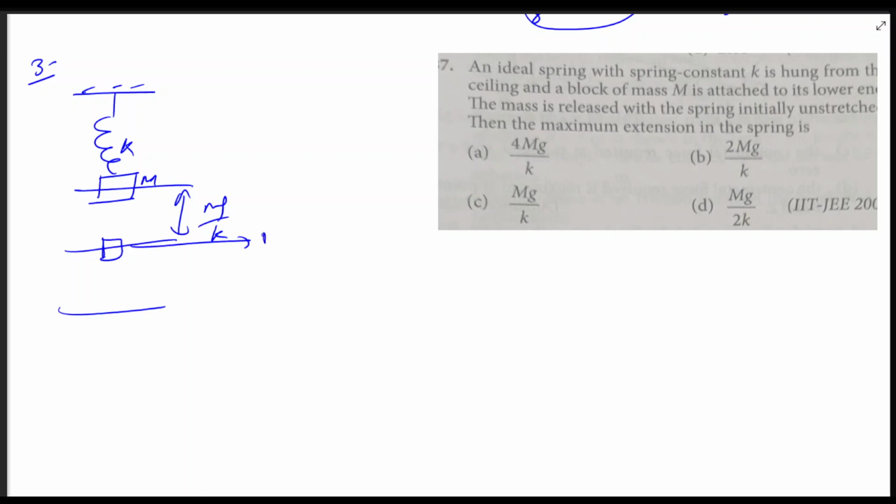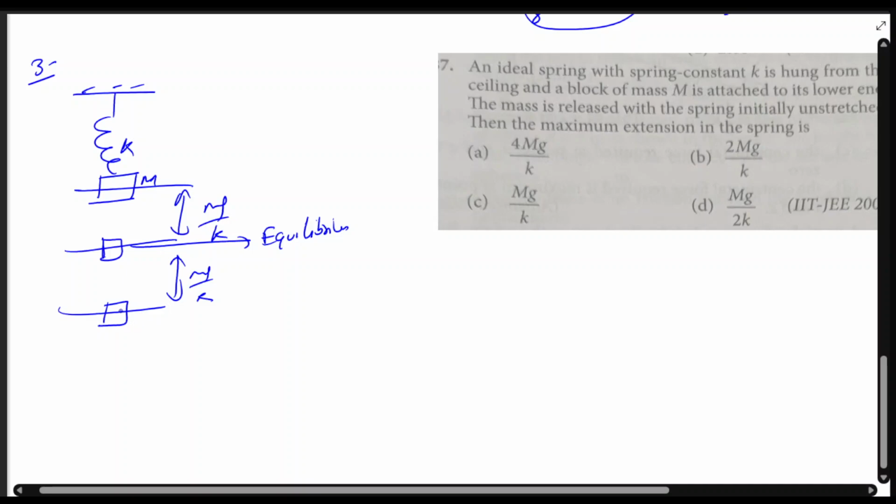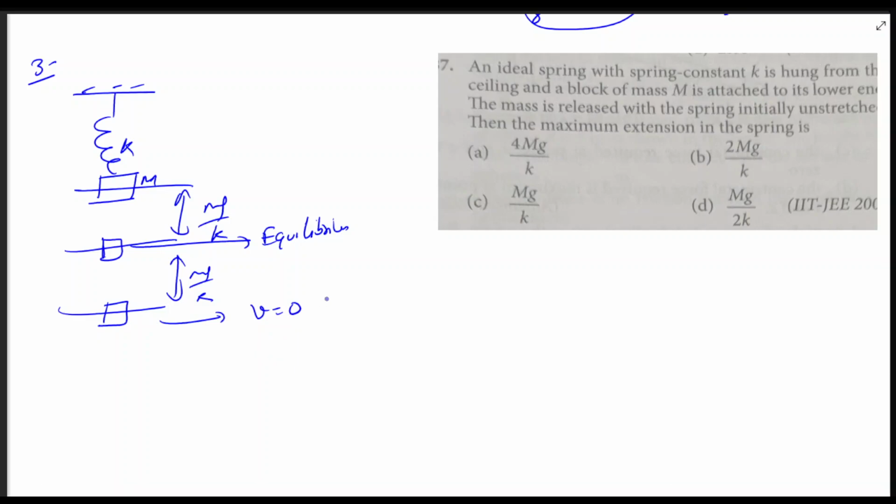Here this position is equilibrium, but it will further go mg by k, and here it will come to rest. So here the velocity is v0, right? This is an extreme position, so the maximum elongation will be 2mg by k. So this is a pretty easy question, we have studied it, right?